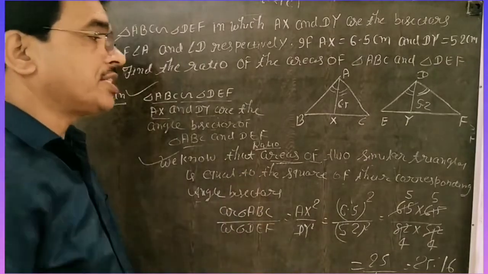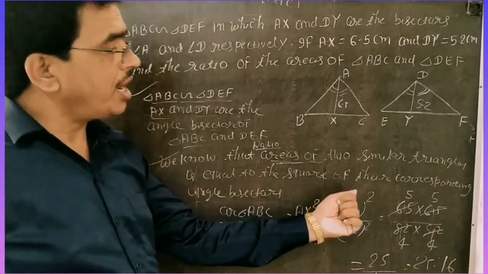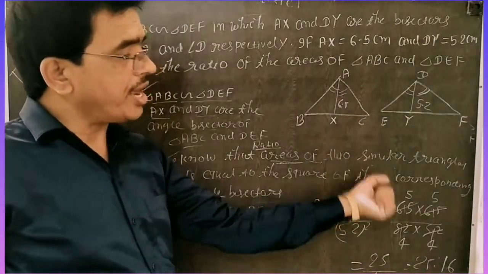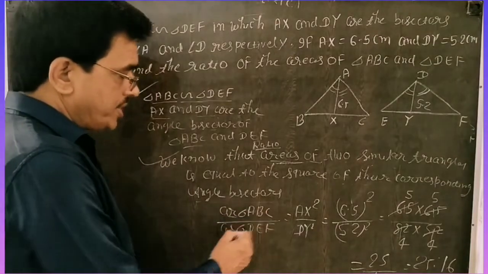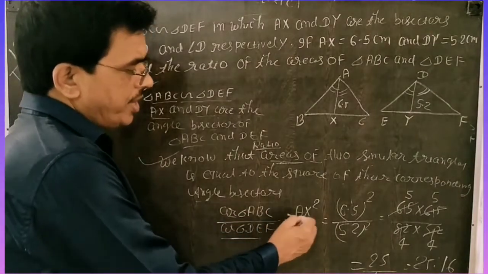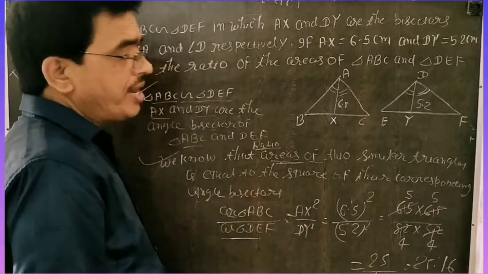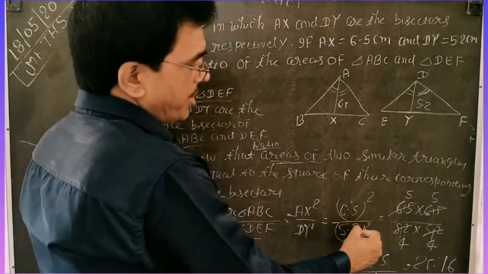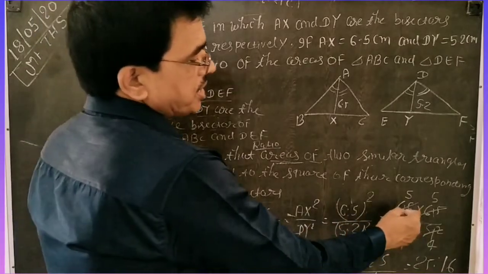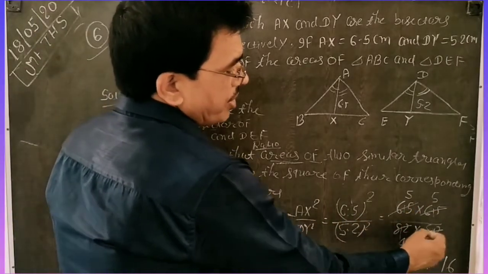So write their statements. This statement is the square of their angle bisectors. So I write here area of triangle ABC by area of triangle DEF is equal to AX square by DY square. AX given 6.5 whole square by 5.2 whole square. Whole square means 6.5 into 6.5, 5.2 into 5.2.